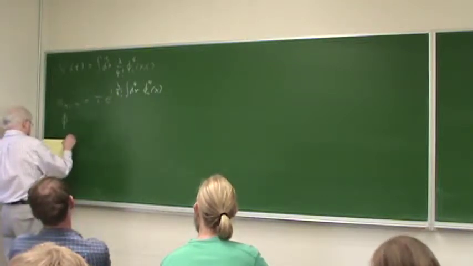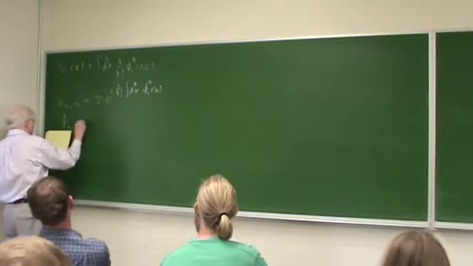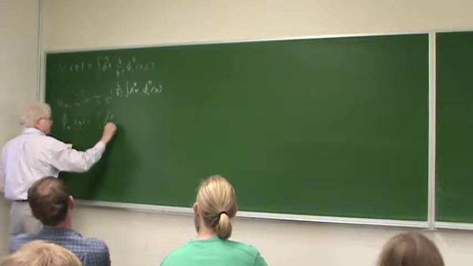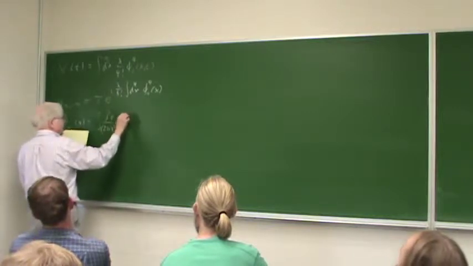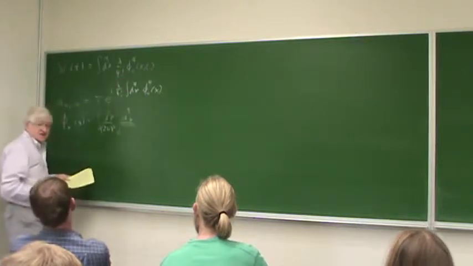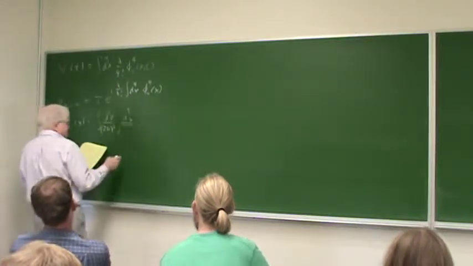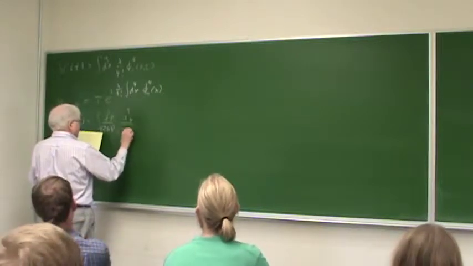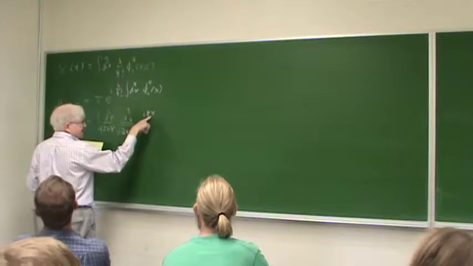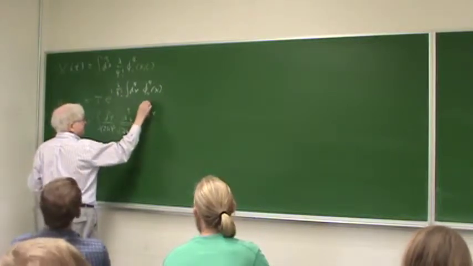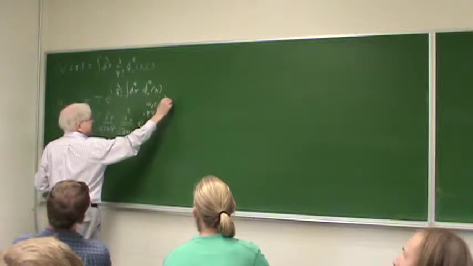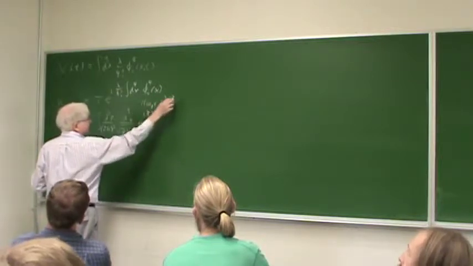And he has then phi plus of x is the integral d cubed p over 2 pi cubed, a dagger of p, over the square root of 2 omega p, e to the i p x. This is Lorentz, however. So this is omega p t minus p dot x, times i.